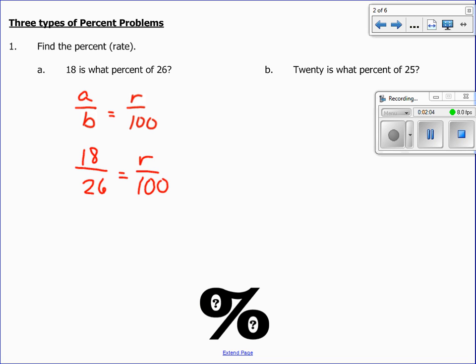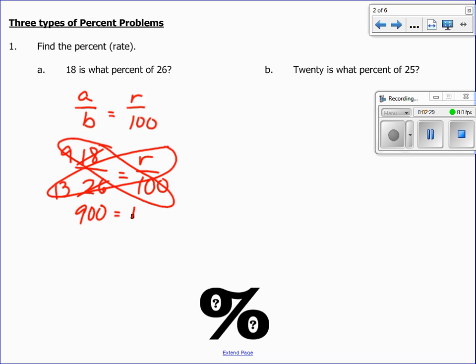A way that you can solve this is to simplify 18 over 26 to 9 over 13, a friendlier fraction. You're not going to be able to use equivalent ratios for this, so you can use cross products. So you'll have 900 is equal to 13R. Divide each side by 13.